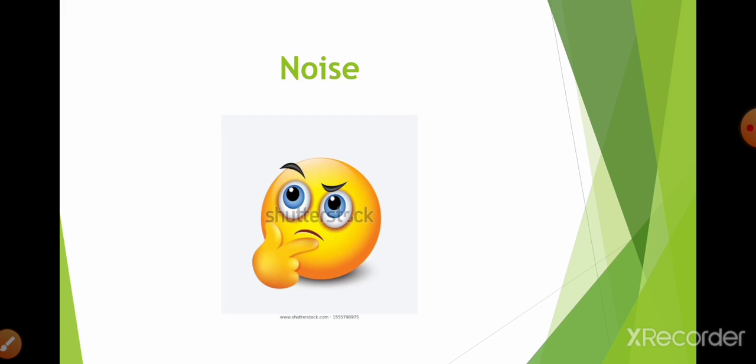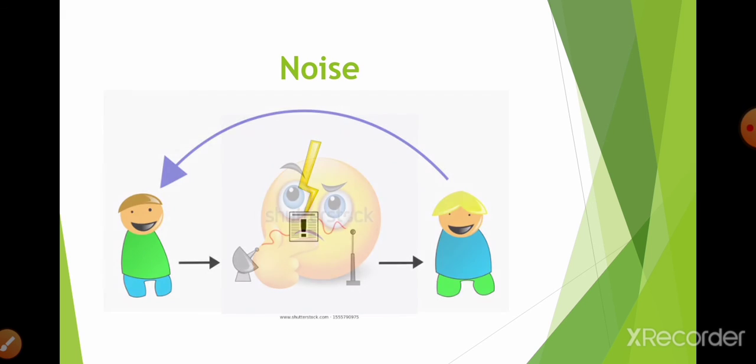Now, let us move towards the noise. What do you mean by noise? Noise means unwanted signal. Suppose this person is communicating with this person, and if a disturbance occurs, for example, thundering or lightning, then that disturbance in the communication between these two people is known as noise.